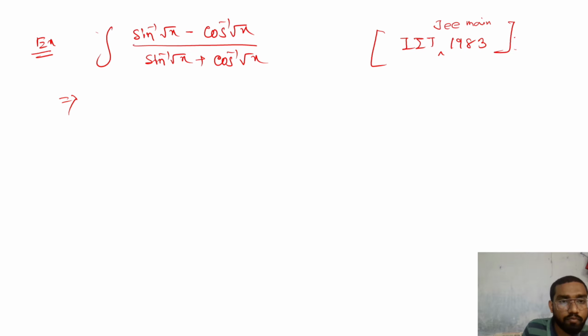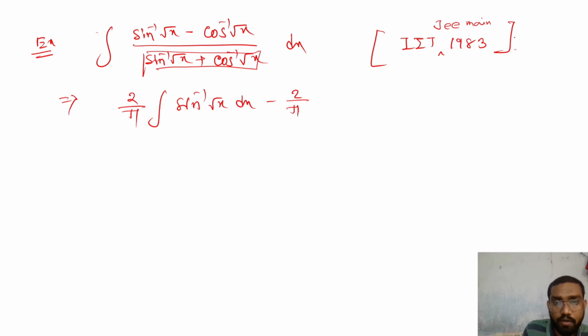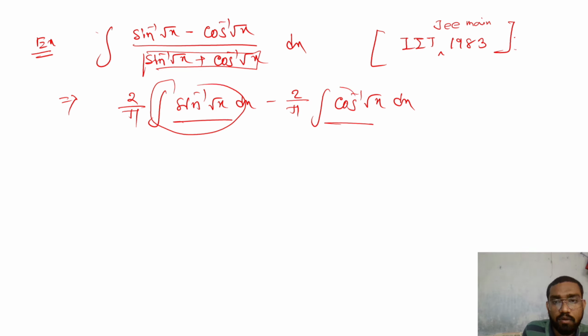Now how to solve? First of all, we have to know this value. This is pi by 2, so this becomes 2 by pi integration sin inverse root x dx minus 2 by pi integration cos inverse root x dx. So our main motive is to find this integration. So integration sin inverse root x dx.